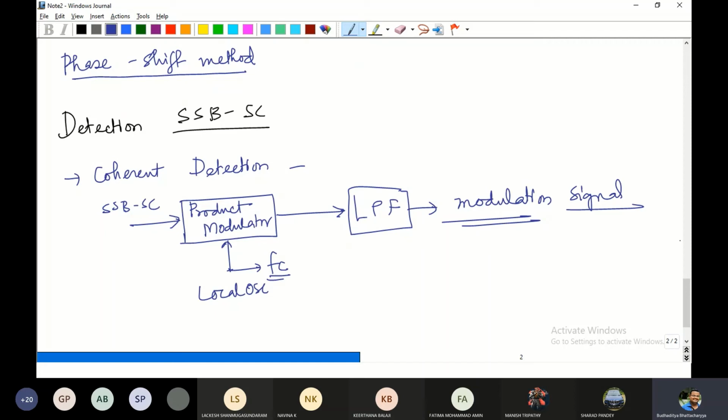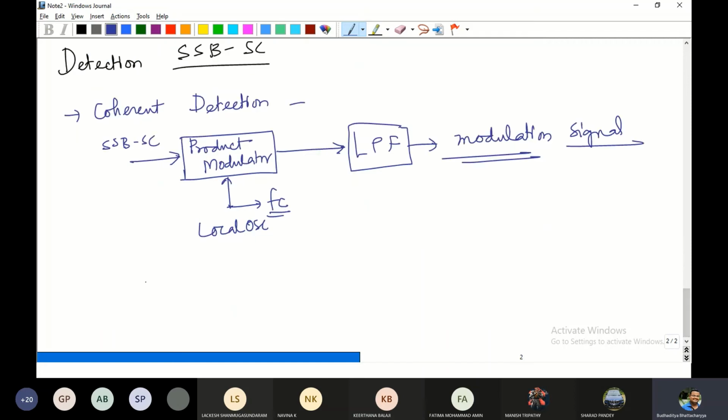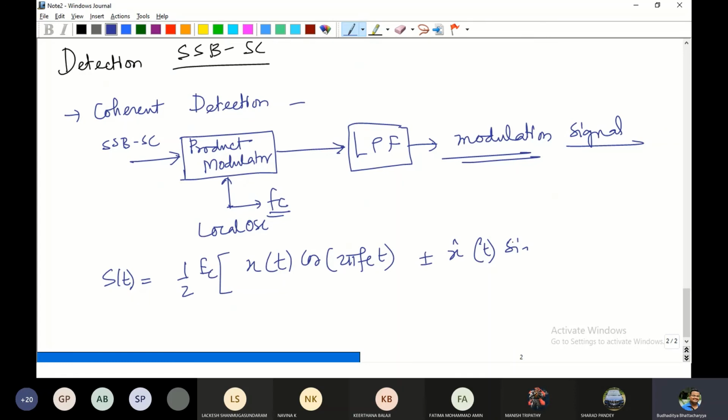Now if you observe the output carefully, if I consider S(t) as the output, S(t) is half of EC X(t) cos of 2 pi FCT plus minus X prime T sine of 2 pi FCT.